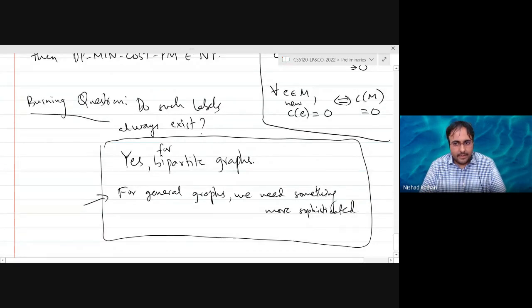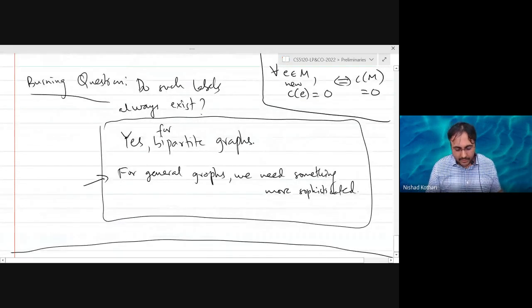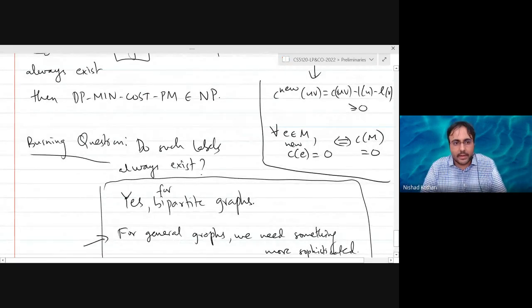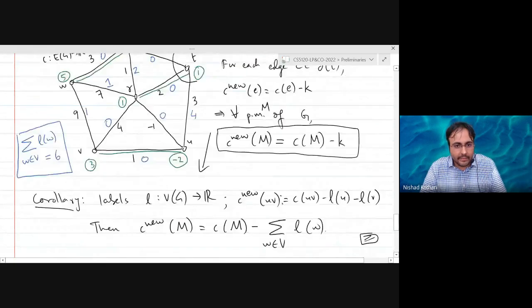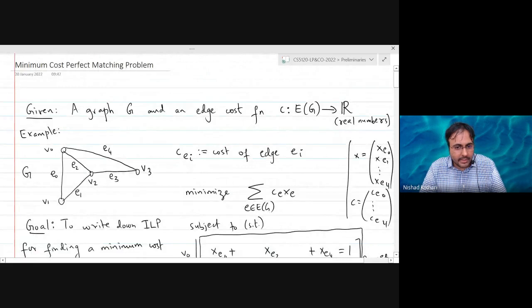All right. So in that case, I want to move to bipartite graphs. Are there any questions or concerns regarding anything we have discussed for min cost perfect matching so far? Notice that all of our discussion until now applied to all graphs. It did not apply just to bipartite graphs. Everything we have discussed applies to all graphs.